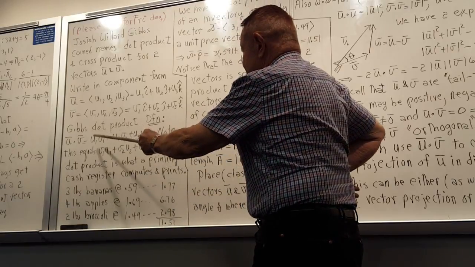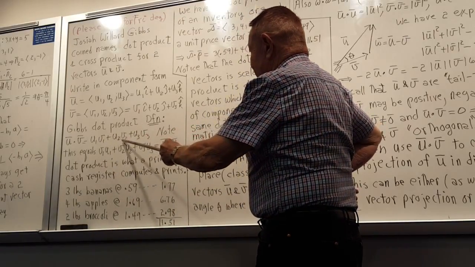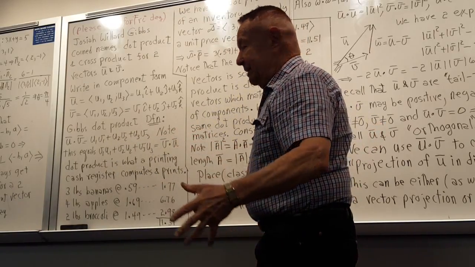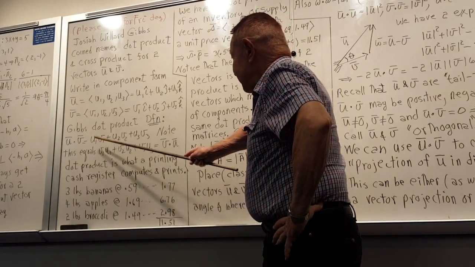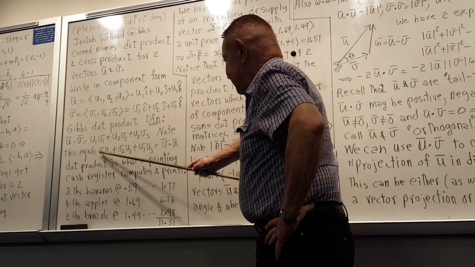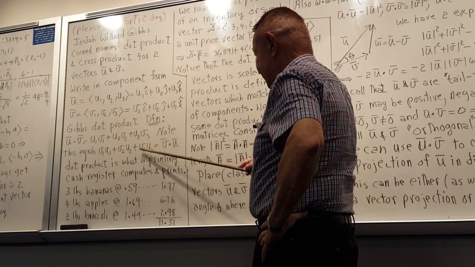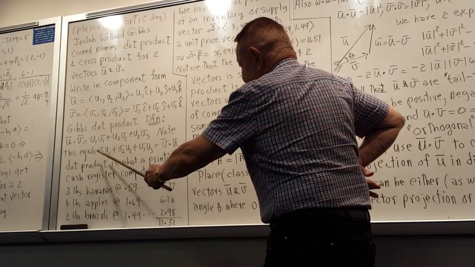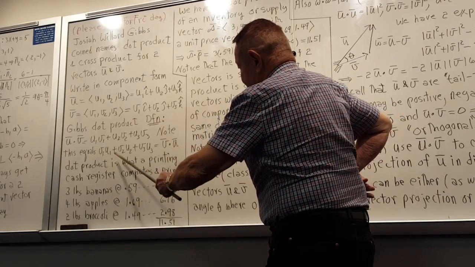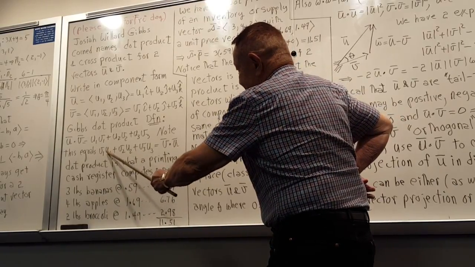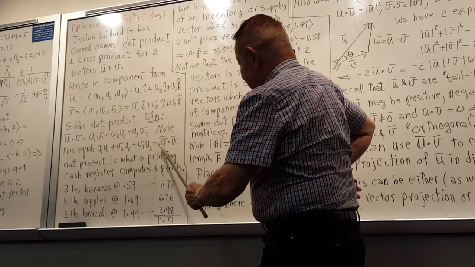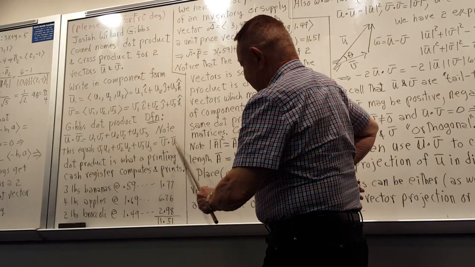So as products of numbers, they obey all the rules for multiplying numbers. In other words, u1 v1 is the same as v1 u1, and the same statement here. And then this in turn, with the v components first and the u components second, is what you'd mean by v dot u.